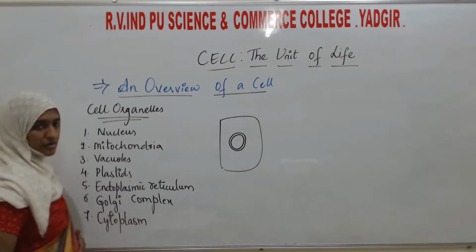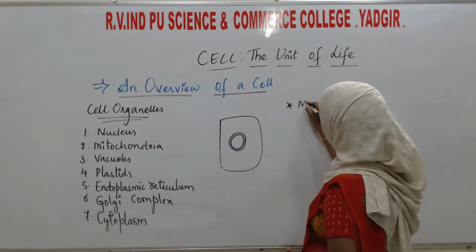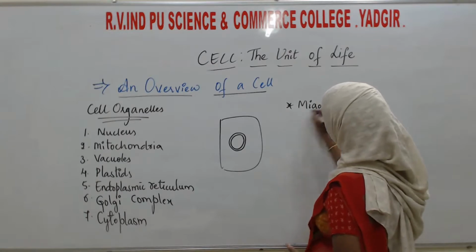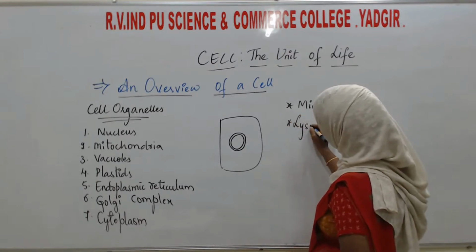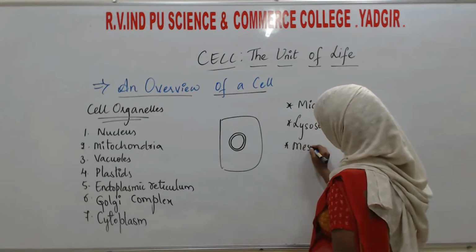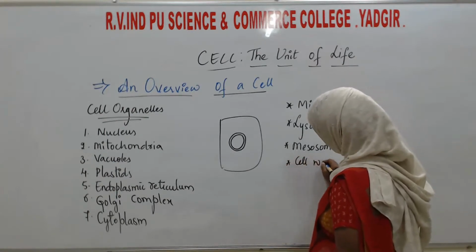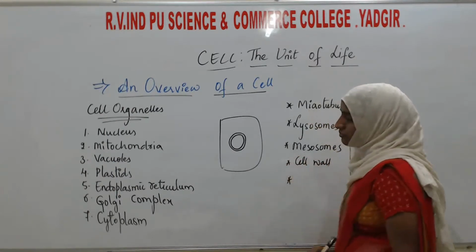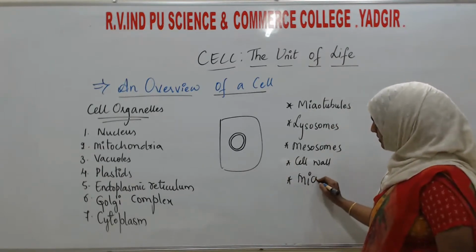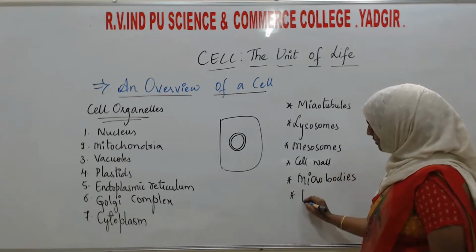Except these things, there will be the presence of certain microtubules, lysosomes, mesosomes, then cell wall, microbodies, then cell membrane or plasma membrane.